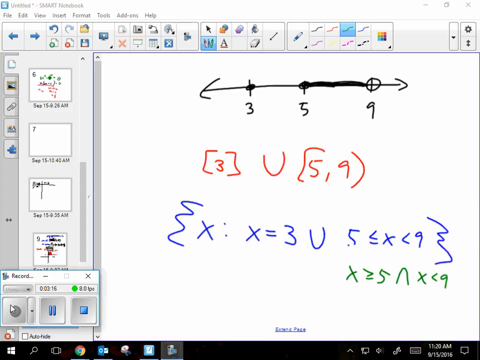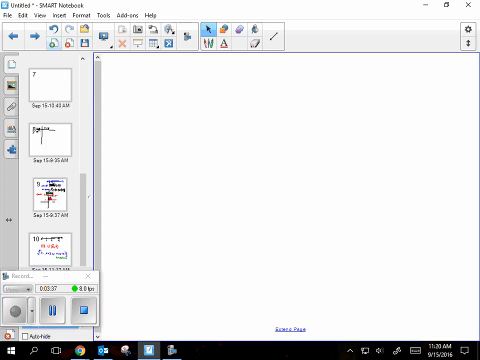How many chose option green? All right, either one's fine. Yeah, I think that pretty much says it. So that's what kind of notation? Set builder. Good.